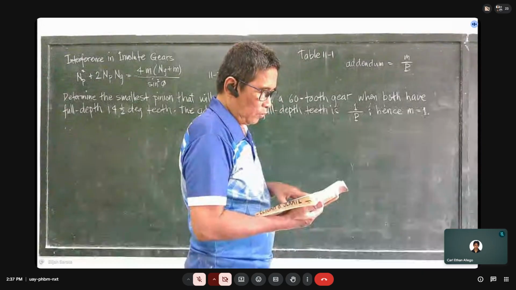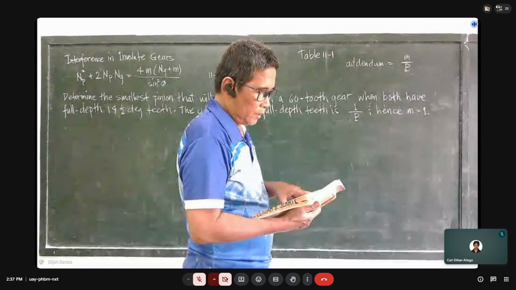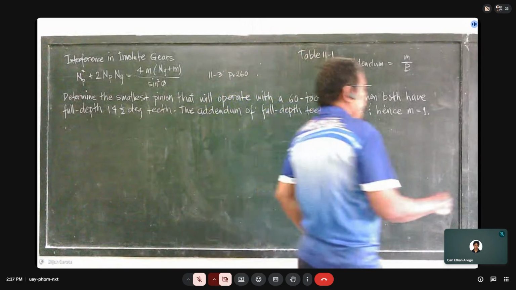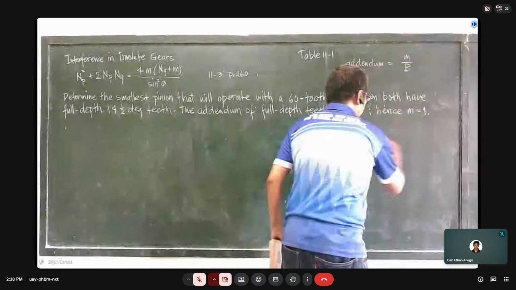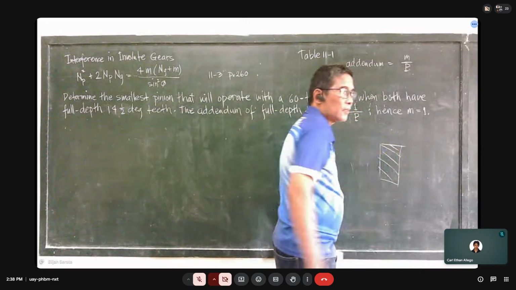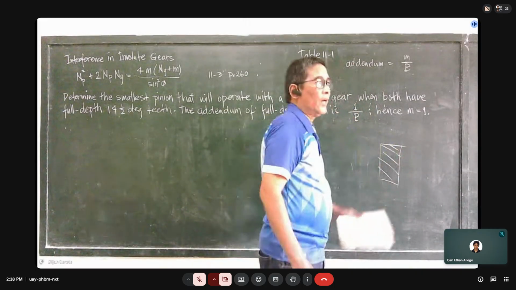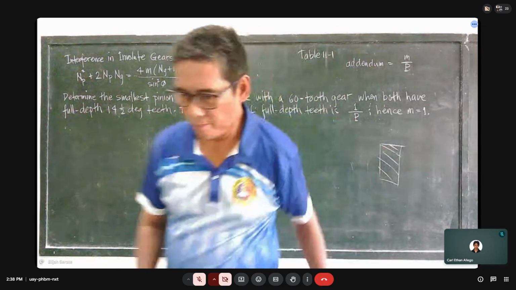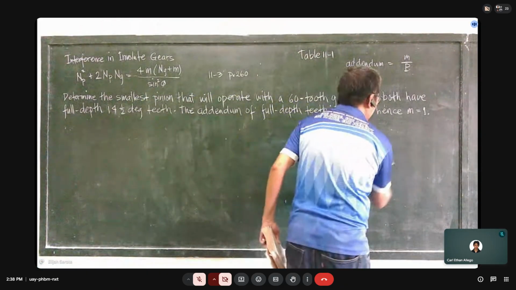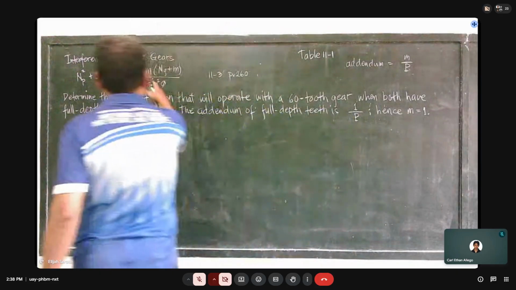So for herringbone and helical, these are really different from spur gears, no? So for spur gear, M is always 1.